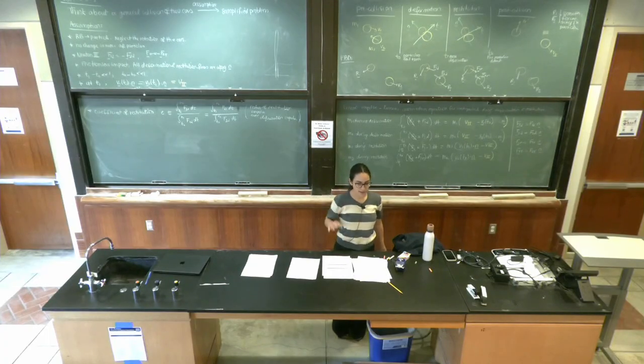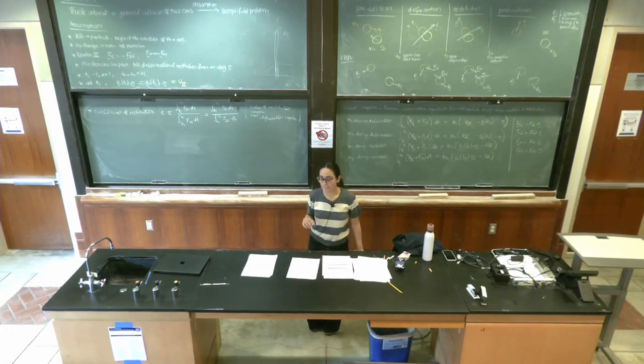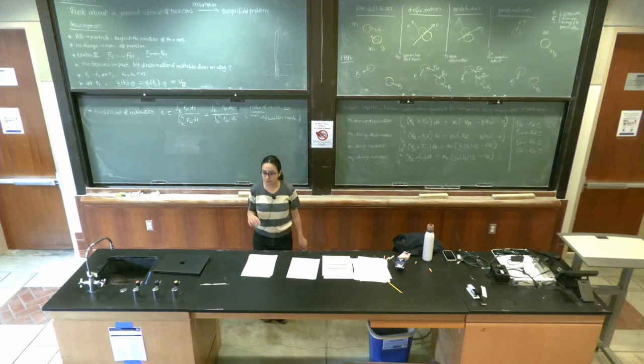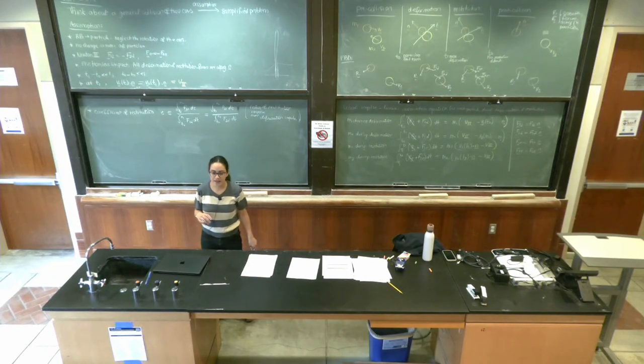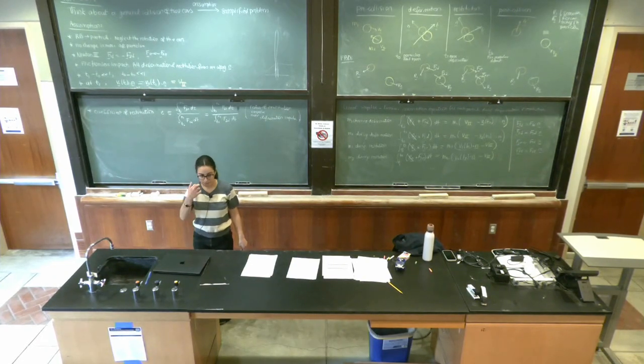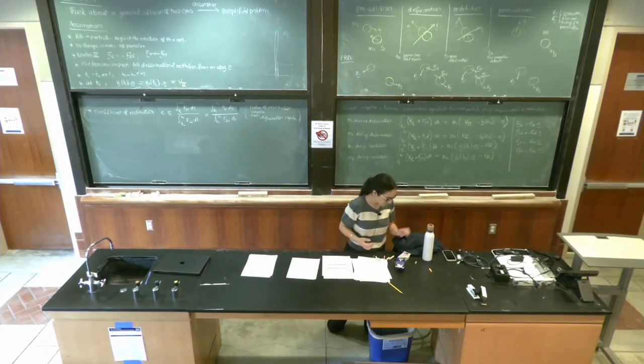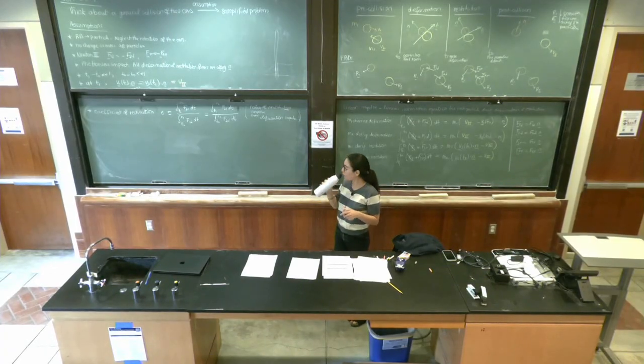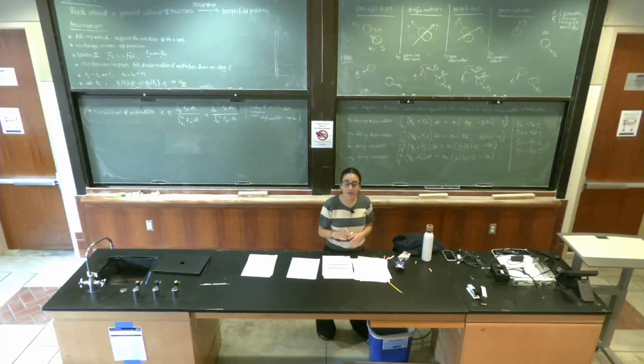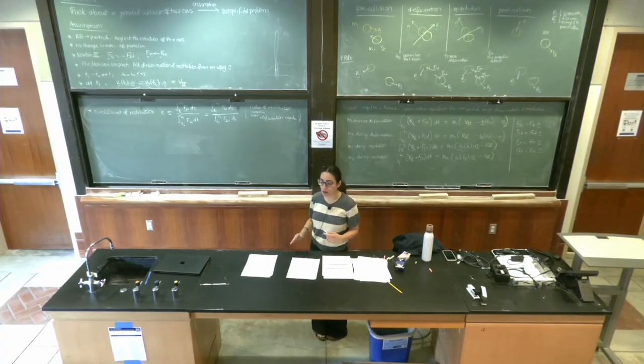I'll let you copy it and then let's think of an interpretation of this ratio. If there is no restitution at all, what is the value of E? 0, right?